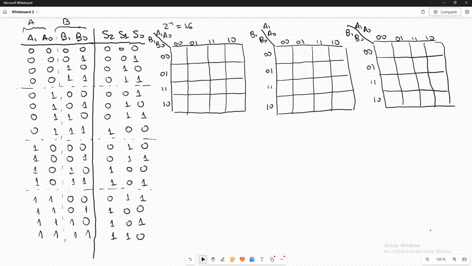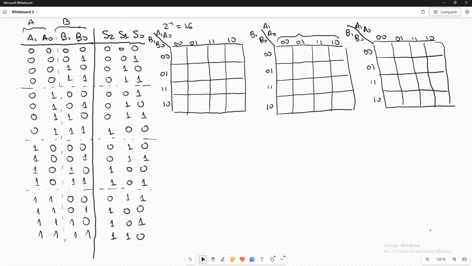Remember, we put the variables here starting always with the most significant variable and continuing with the rest. Otherwise, you're not going to have the same order in the Karnaugh map cells. We have sorted the rows and columns using Gray code order.